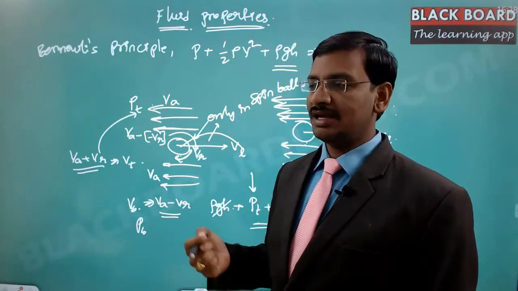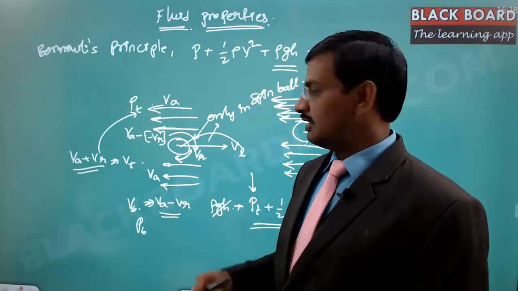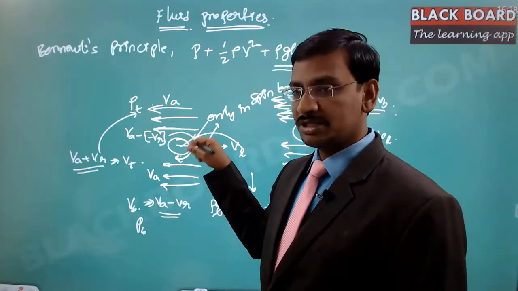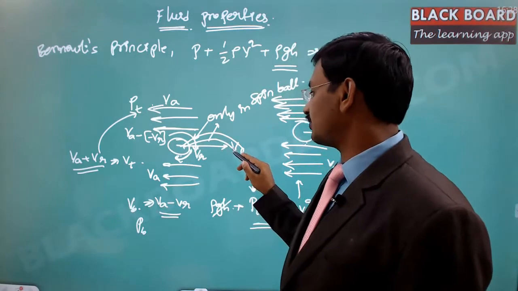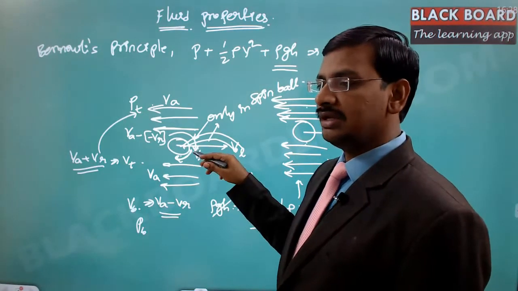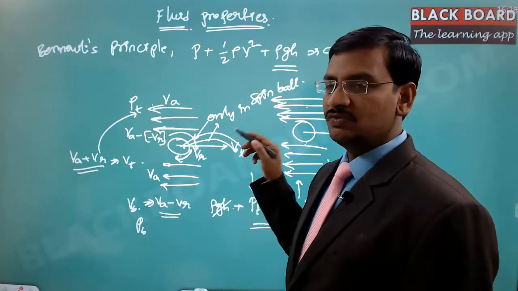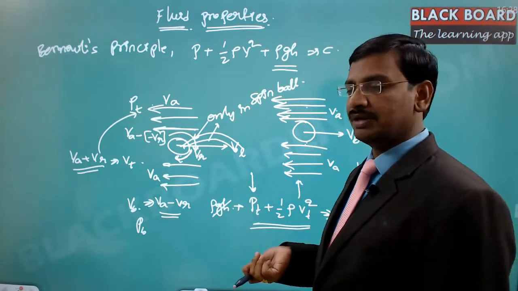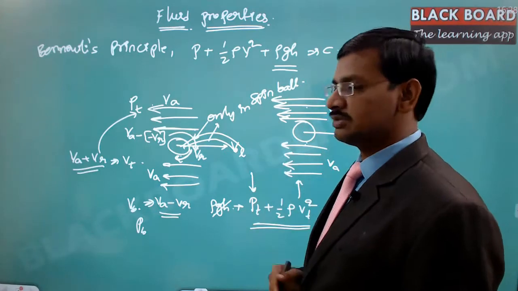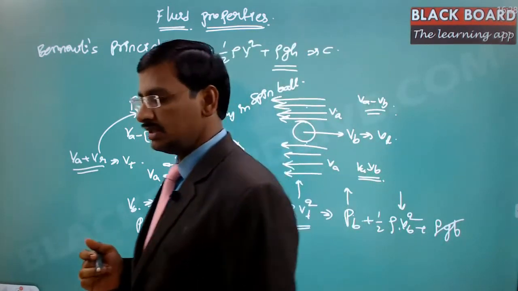That means the relative velocity of the ball and the air is less, so the pressure difference will be small and the lift of this ball is only till this particular height. So in the case of a spin ball, it is very tough to predict. That's why spin bowlers have a special importance, due to Bernoulli's principle. Got it? Any questions on this?